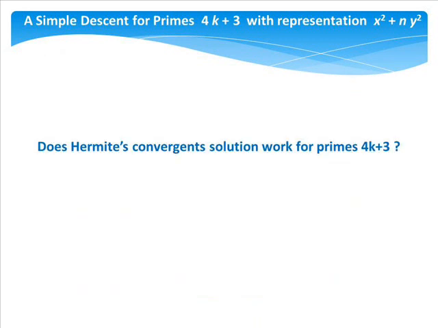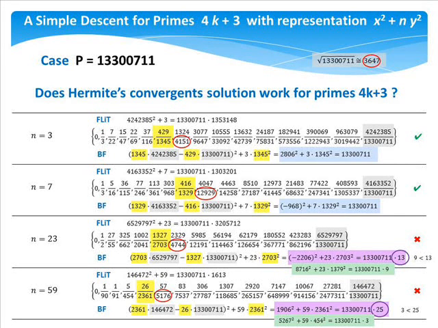Before concluding this section, let's take a closer look at how Helmholtz's convergent solution addresses the equation x squared plus n times y squared, where n is a prime of the form 4k plus 3. These slides demonstrate that Helmholtz's version of the beautiful formula yields solutions for all cases, much like the simple descent plus Nevin's congruence method.